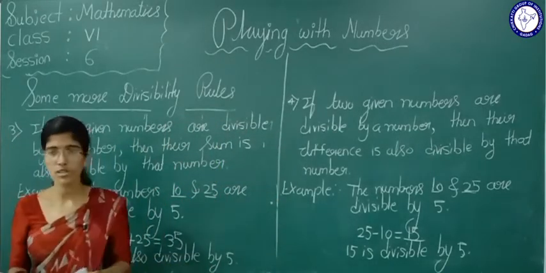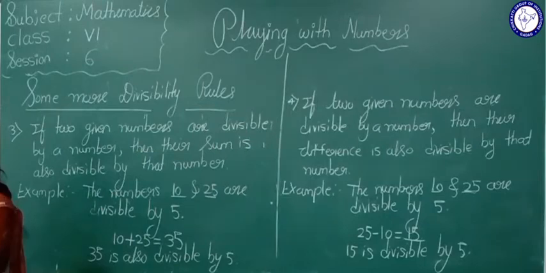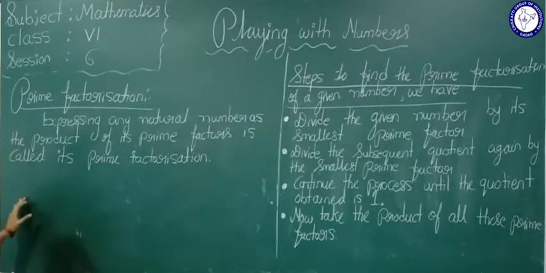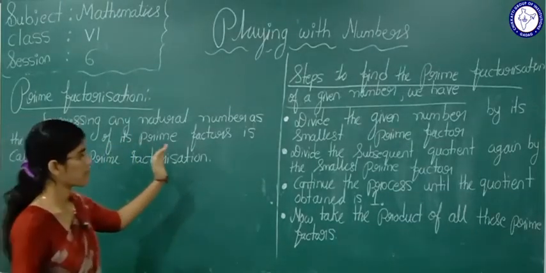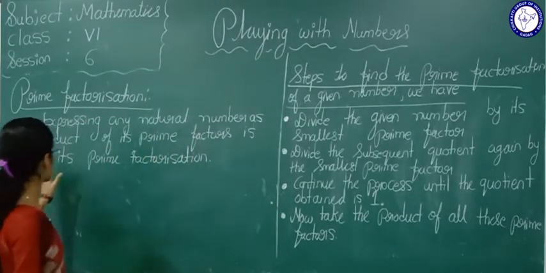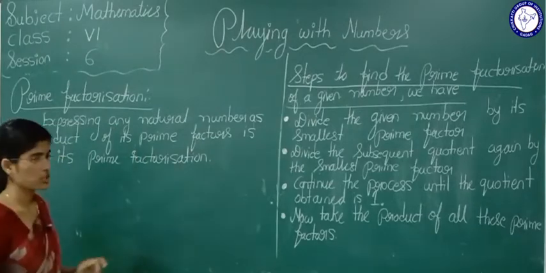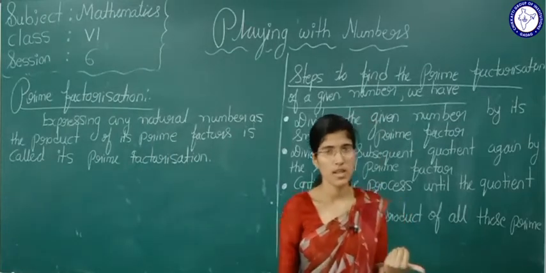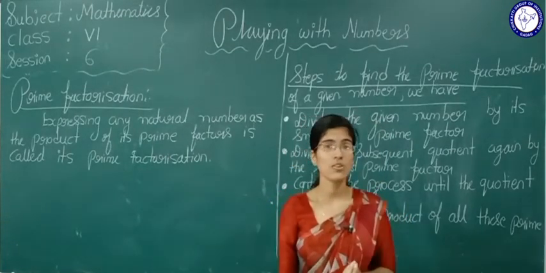So the next concept we are going to see is prime factorization. Now see, what is this prime factorization? Expressing any natural number as the product of its prime factors is called its prime factorization. We know what prime numbers are and we know the meaning of a factor.